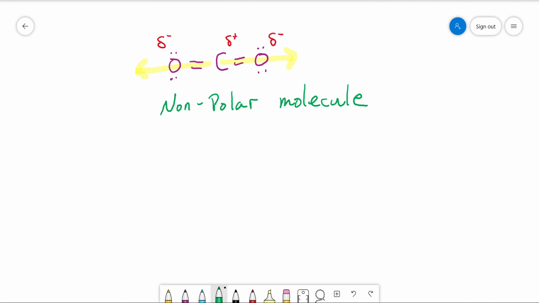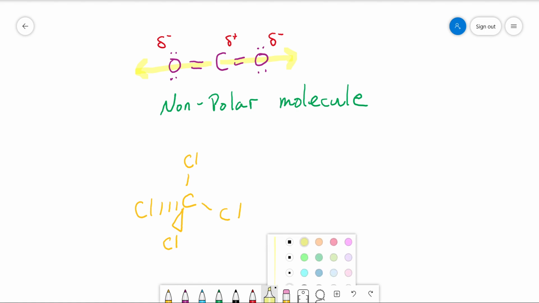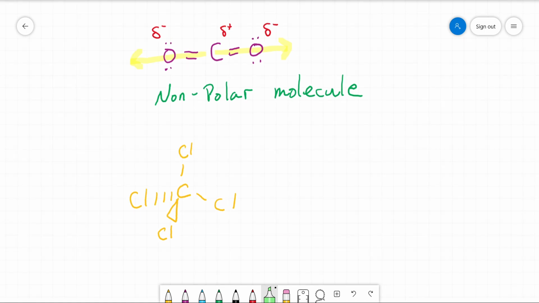So we could do the same thing with a slightly different molecule. Let's look at methane. I'm sorry, not methane. Carbon tetrachloride, CCl4. A carbon-chlorine bond is a little polar. So what ends up happening is that all the electrons are pulled towards the chlorine.